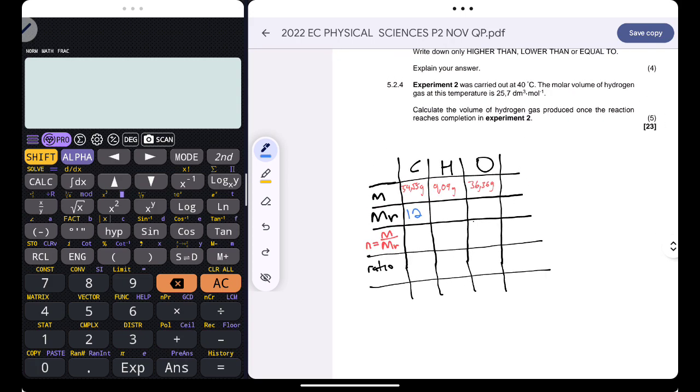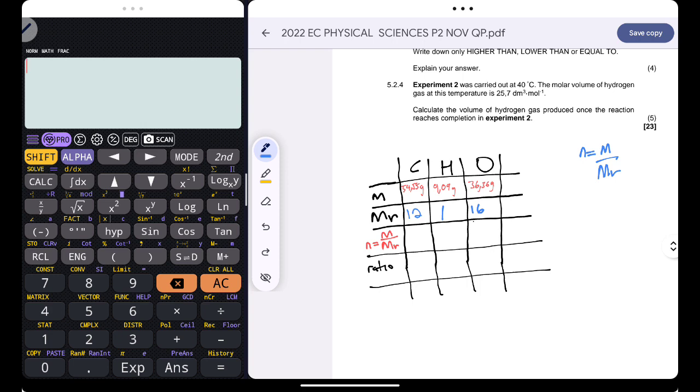So molar mass for carbon is 12 grams per mole, and then for hydrogen is 1 gram per mole, and then oxygen is 16 grams per mole, right? So for me to find the number of moles for each, I'll simply use this equation. Number of moles is mass all over the relative atomic mass number. Are you together?